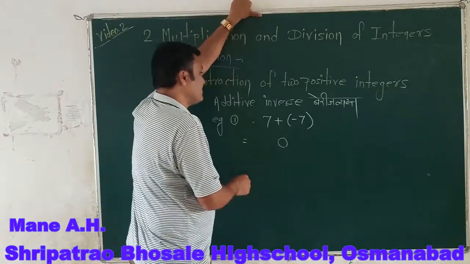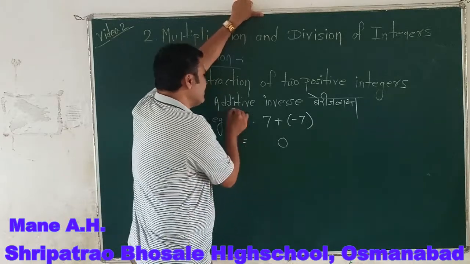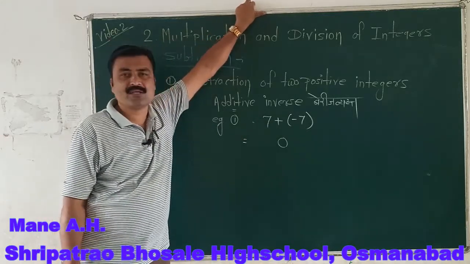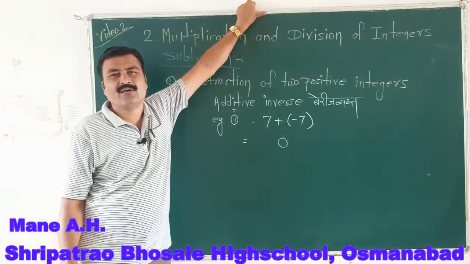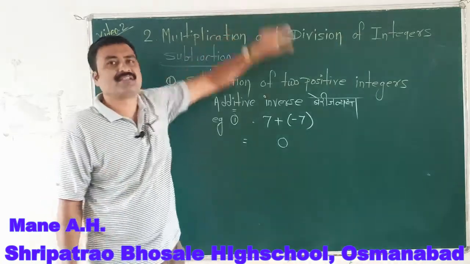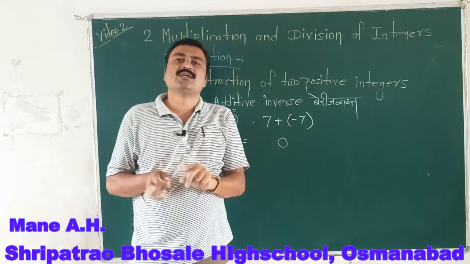Now from this example we have to keep in mind, while making the additive inverse of a given integer, we have to keep the magnitude of that number constant, and we have to just change the sign.